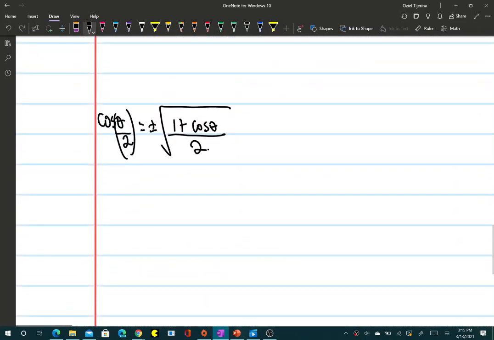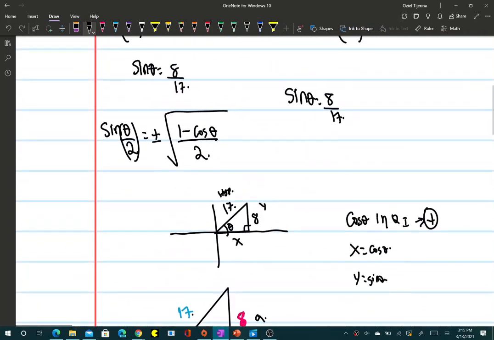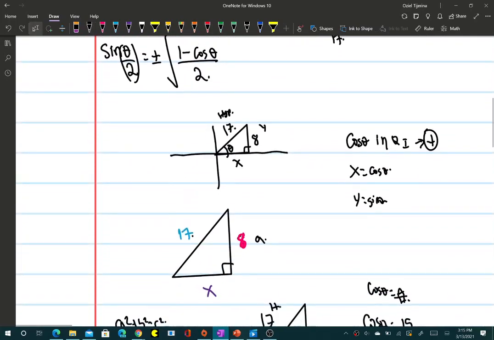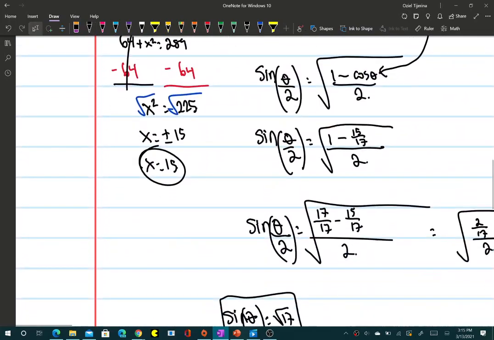And so, again, if we look at our right triangle, we have theta here, and it's 8, 15, and 17.